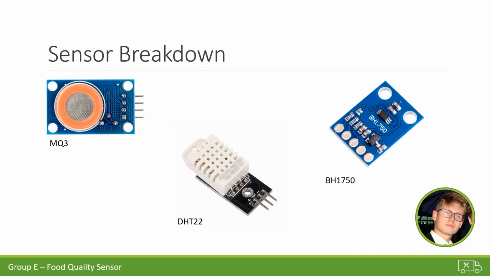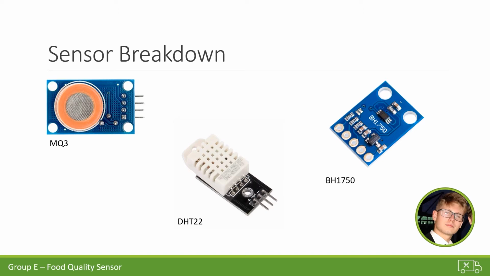Starting with light, the BH1750 is the digital light sensor that we use when considering photosensitive produce. It consists of a photodiode that communicates through the I2C protocol back to our microcontroller, being the Arduino.